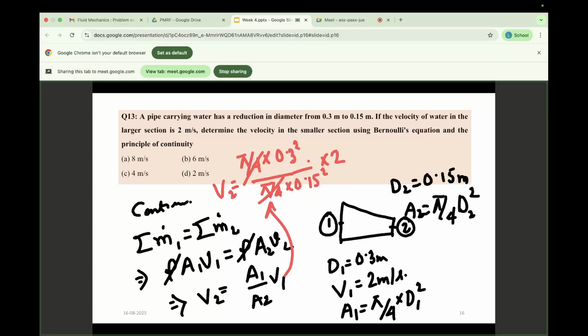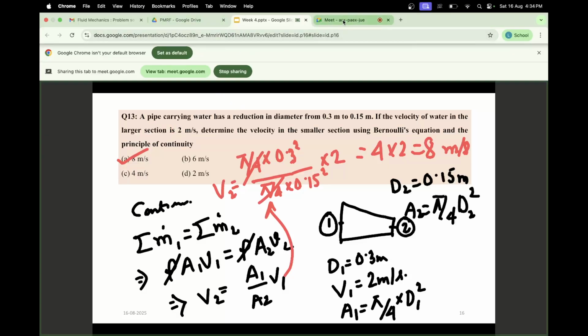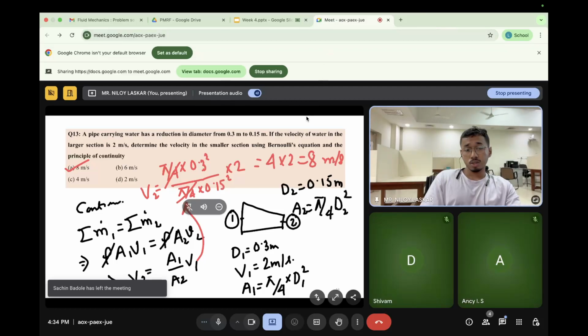Pi by 4 cancels out, and the ratio is 2 squared, that is 4, times 2, giving 8 meter per second. So option A is the correct answer. There is no need to apply Bernoulli's equation here. Only using the principle of continuity equation we can find the solution.